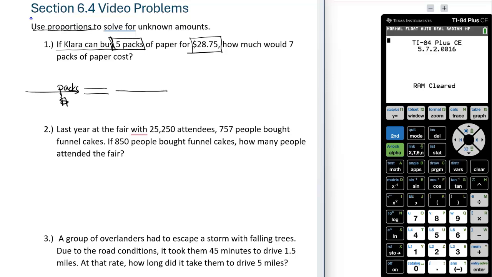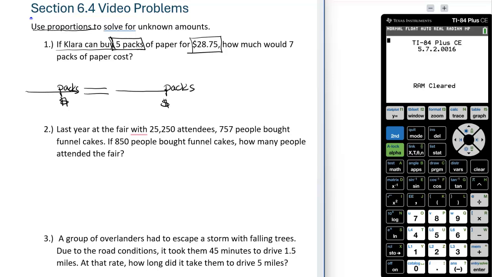I'm going to place those same units in the same position over here on the right. And money. Now I just put the numbers in place. By doing that, I don't have to be thinking about what goes where. The units need to be the same on both sides, and they need to be in the same position, which is what I have here.